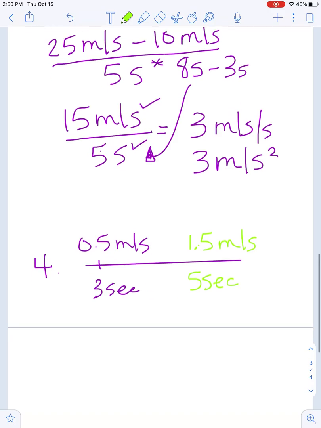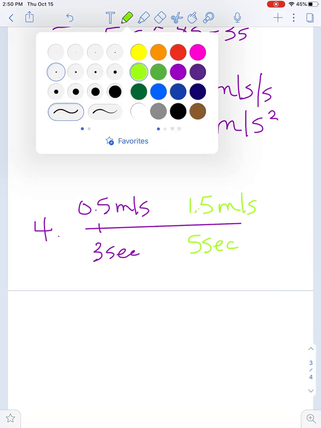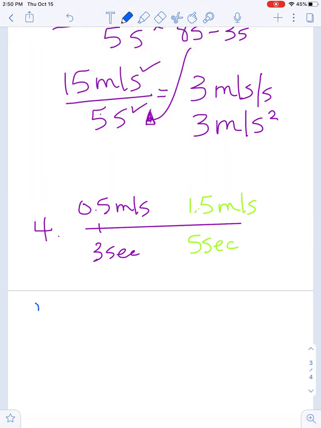Now we are ready to put this into our equation. Acceleration is velocity final minus velocity initial divided by time frame. So what is our final? 1.5 meters per second.